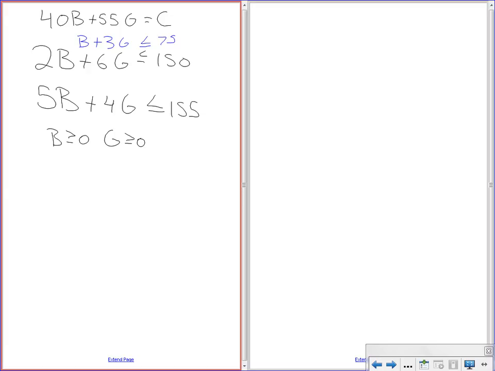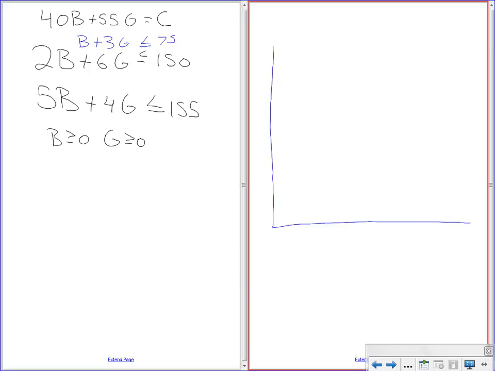When I set this up, I've got my B and my G, just going by letters. First one, I know my intercepts, 75 and 25 for the first equation, and it's working inward.